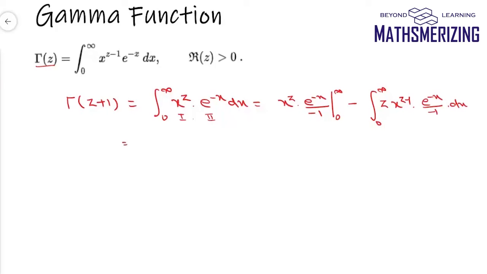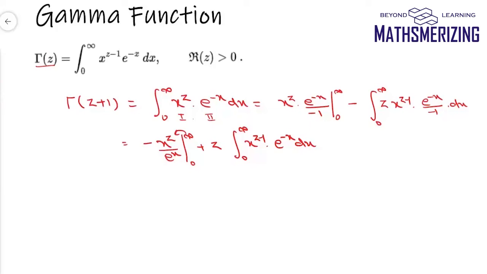So I can write it as minus x to the power z upon e to the power x, from the limits 0 to infinity, and then minus, I'll take this minus z out, so I can write plus z, and this is integral 0 to infinity of x to the power z minus 1 into e to the power minus x into dx. Now I'll put these limits in the given function.